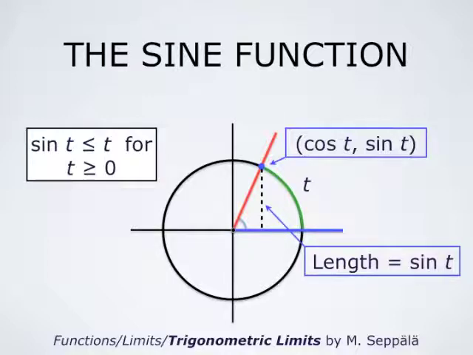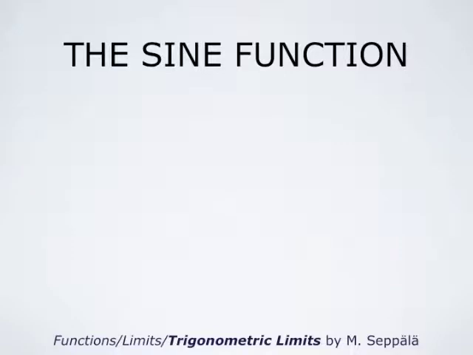In fact, here we have strict inequality if t is positive. If t is 0, we have equality, then sine of 0 equals 0.